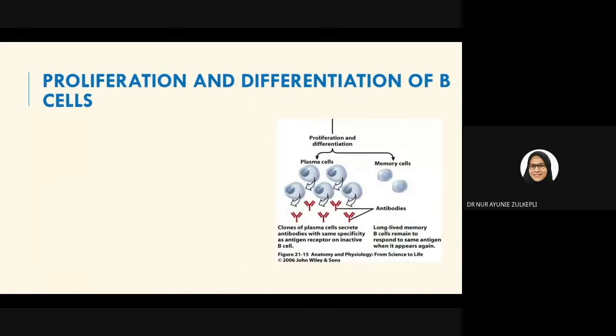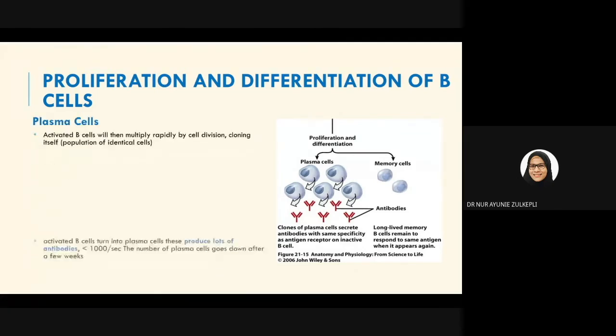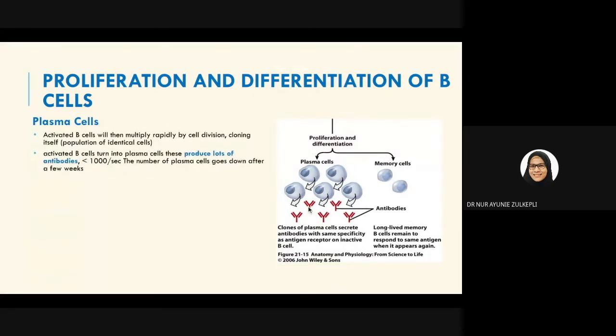So what is the difference between plasma cells and memory cells? When activated, B cells multiply rapidly by cell division and clone themselves to produce a population of identical cells, which are the plasma cells. Plasma cells are actually a differentiated form of the B cells.